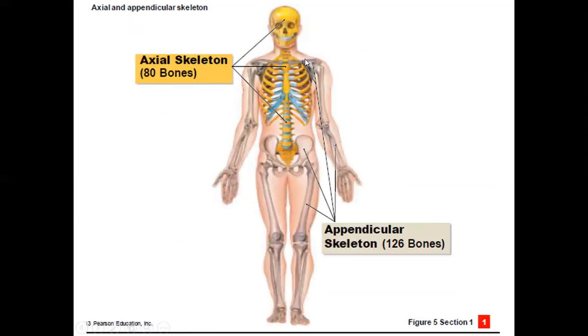Everything else, so here's the shoulder girdle and the hip girdle, those two girdles, basically these structures or bones that all work together to connect your limbs, your upper limb, right, so the bones here, and your lower limb to the axial skeleton. So basically this axial skeleton is the central axis to which your arms and your legs attach.